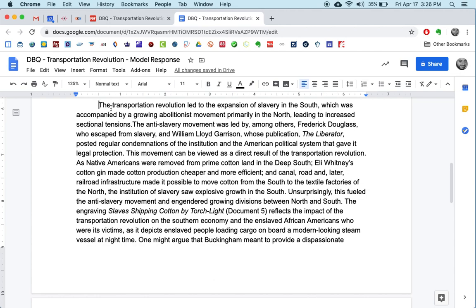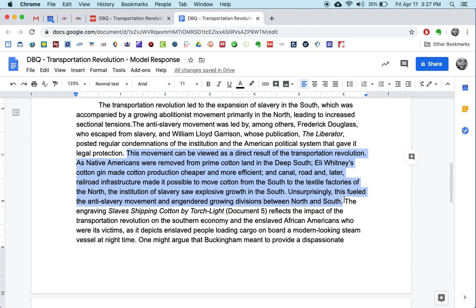So this is my claim, this is my evidence that I've used, and this is the part where I explain why that piece of evidence proves my point. I'm trying to say that the transportation revolution caused disunity because it caused slavery to grow in the South and anti-slavery to grow in the North. And here's how I do that.